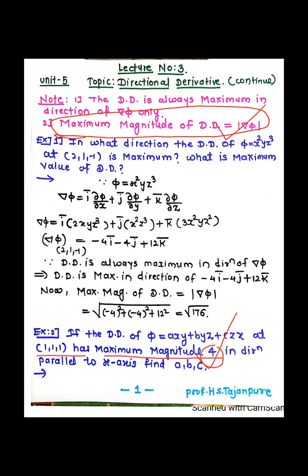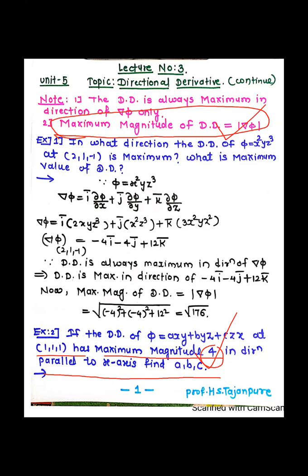They have given the value of del phi in direction parallel to the x-axis. DD is maximum in the direction of one vector, that is the vector del phi, and that vector is parallel to the x-axis. Are you getting the meaning of the question?